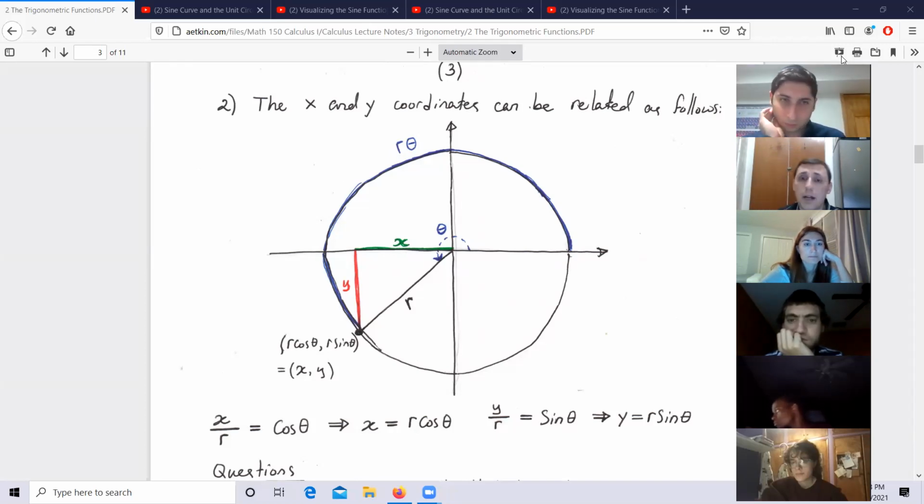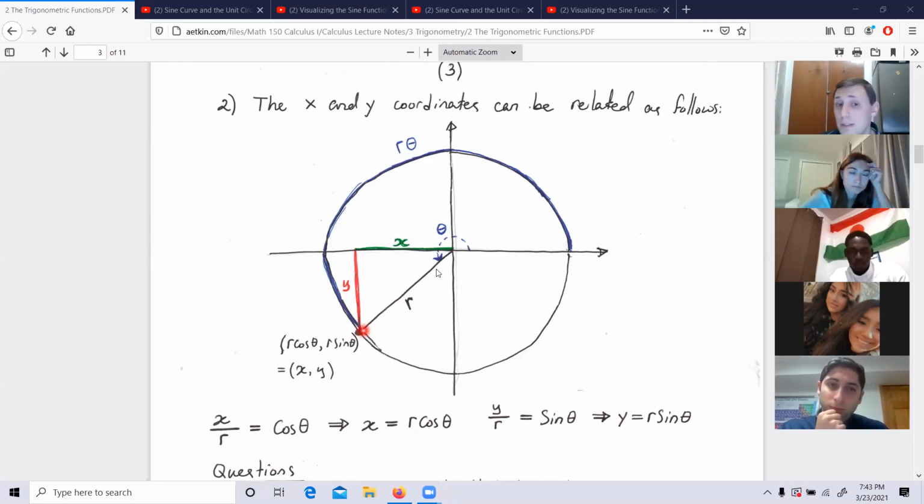If the radius is exactly the size of the scale on the x-axis or y-axis, then we call it a unit circle, but otherwise it's not. So in general, a radius has r scales of the x-axis or r scales of the y-axis. The radius is r.